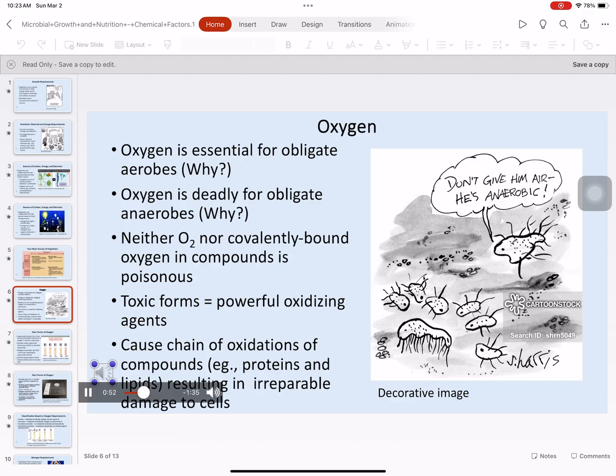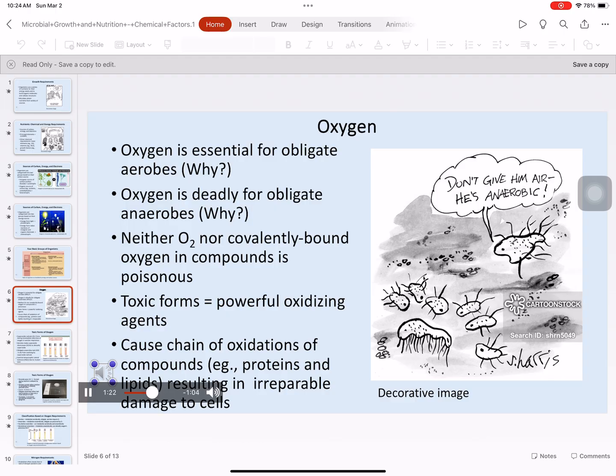Why is that? Well, it turns out that neither oxygen, O2, nor oxygen that is covalently bound to other atoms in compounds, neither of those is poisonous. However, there are toxic forms of oxygen which are powerful oxidizing agents.